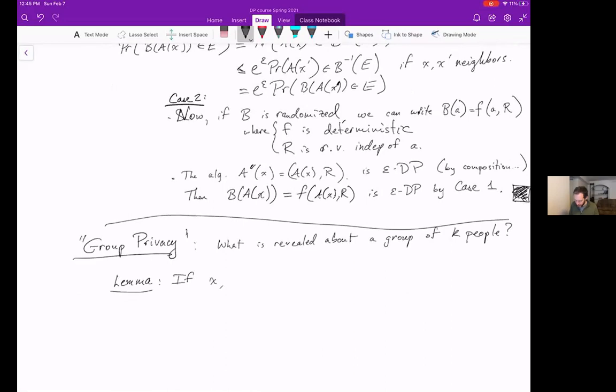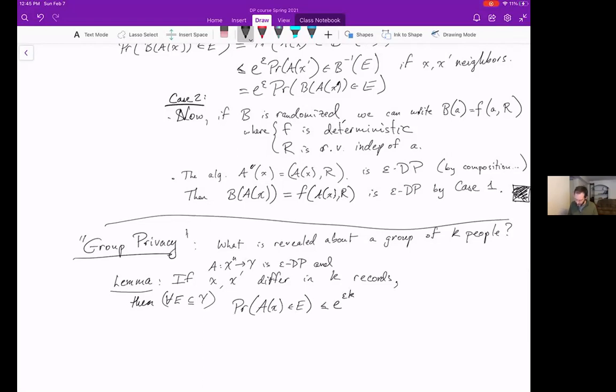If we've got two data sets, x and x prime, that differ not in one record, but rather in k records, then for all events E in the output space, if A is epsilon differentially private, the probability that A of x lies in E is at most e to the epsilon times k times the probability that A of x prime lies in E.